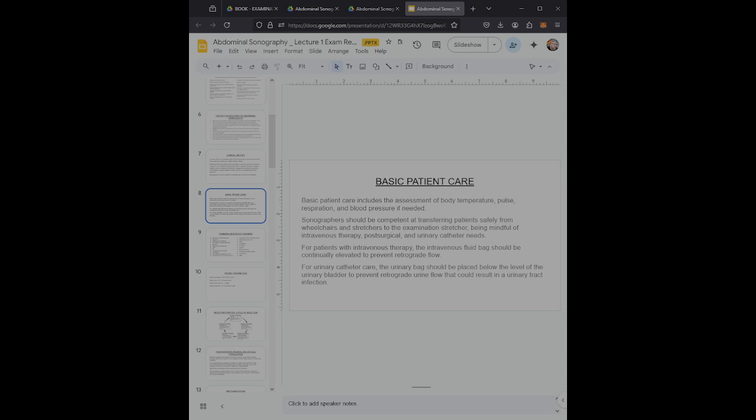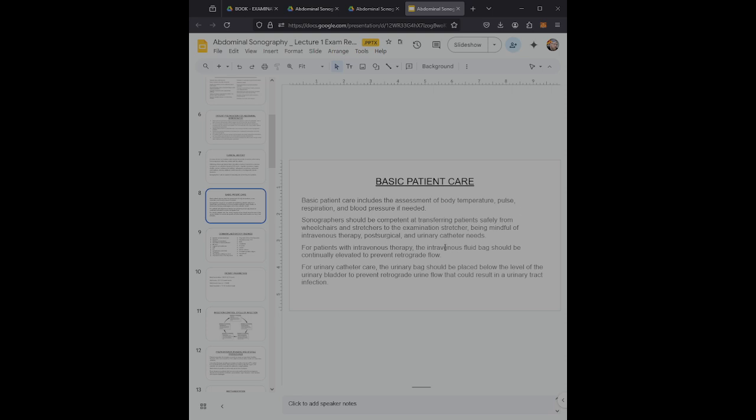So, basic patient care. This includes assessment of body temperature, pulse, respiration, and blood pressure if needed. Sonographers should be competent at transferring patients safely from wheelchairs and stretchers to the examination table. We should be mindful of IV therapy or any urinary catheter needs.